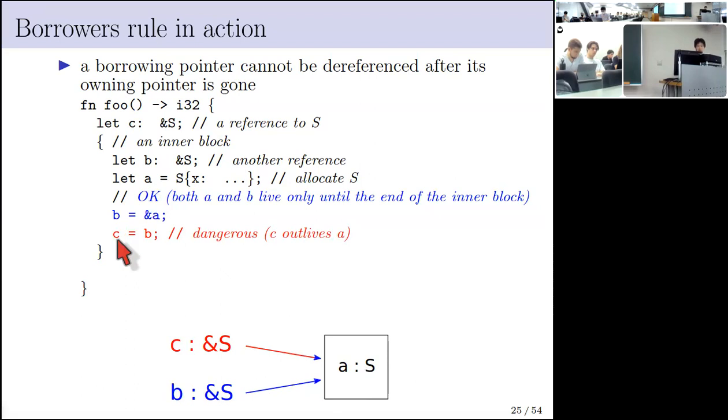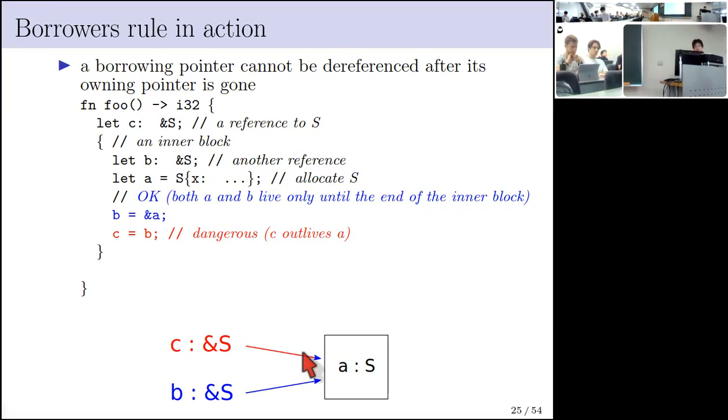But consider whether this is safe. You assign this reference to the other variable C, which is declared outside this inner block, which means that C may be dereferenced somewhere around here after this inner block is done. So this is potentially a dangling pointer.